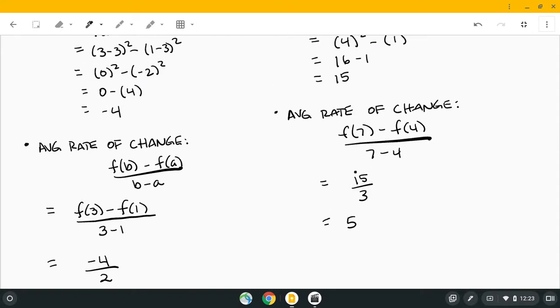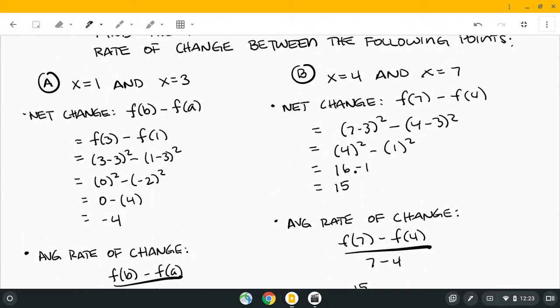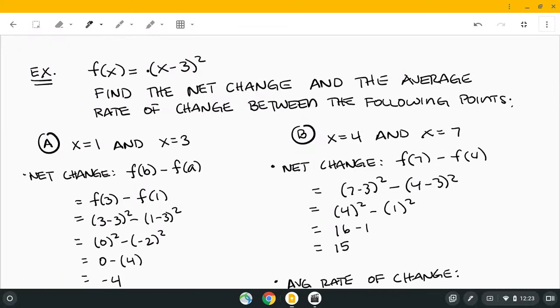And so when you look at the function that we're dealing with, x minus 3 squared, that's a parabola, right? So that's a parabola that is shifted 3 units to the right, and so it looks like this. 1, 2, 3, a point there, there, and there.